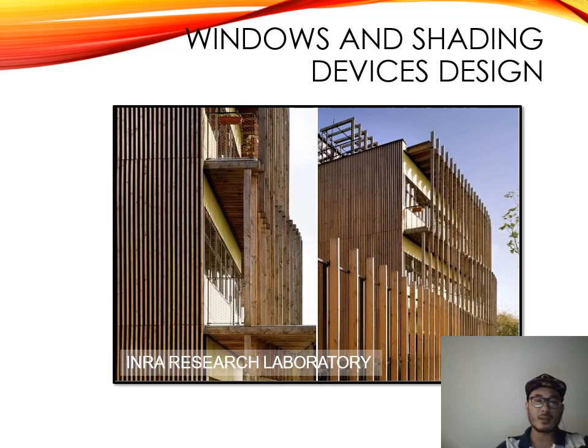And then another type of window and shading device design is the vertical shading device. Okay, in this photo it shows that the design is because of the limited human activity at the area. In this case, the area is a balcony.